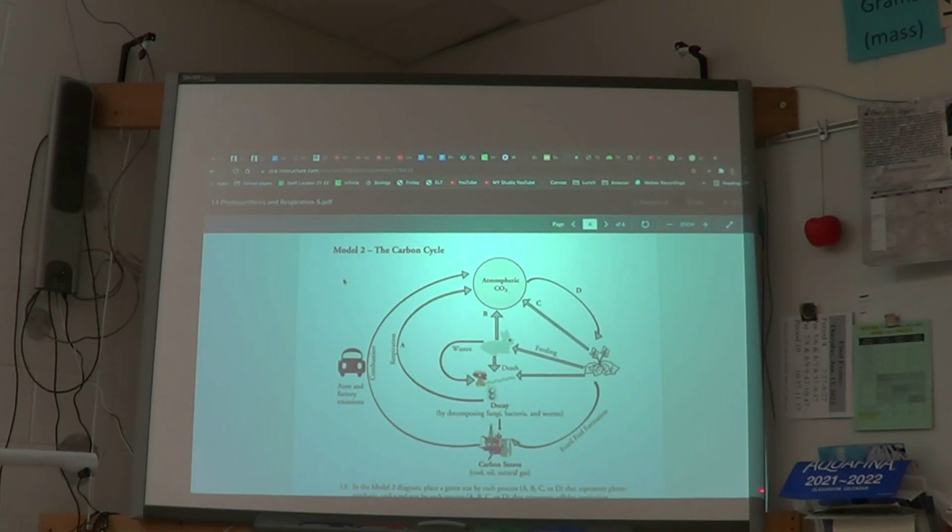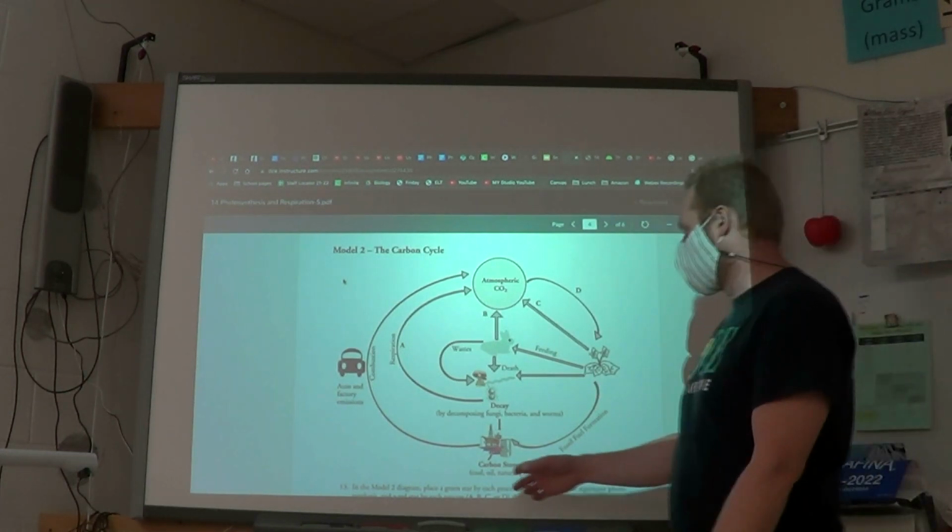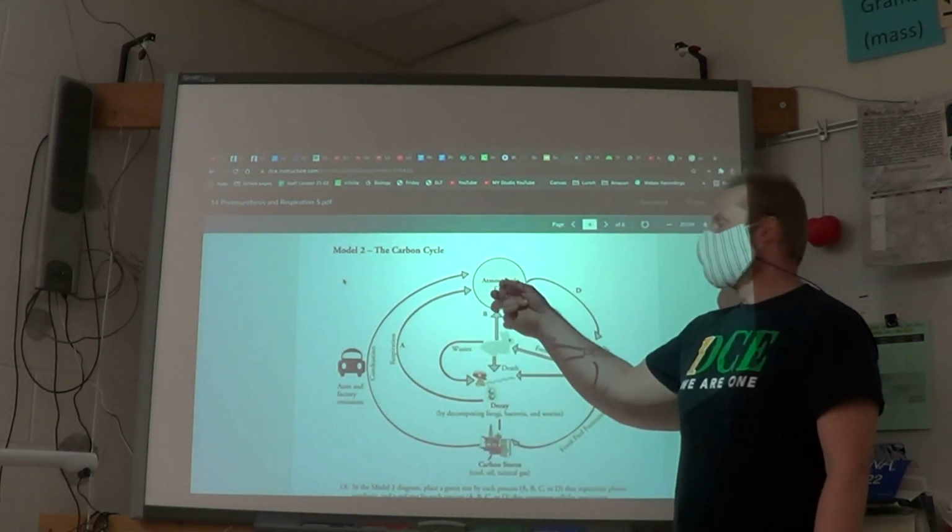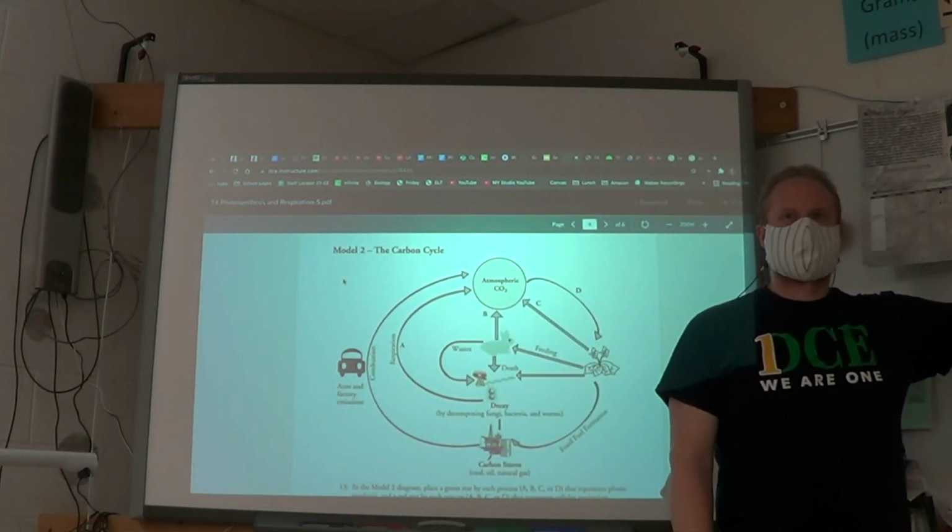It's no longer floating around the atmosphere. It's been out of the carbon cycle for a couple million years until we dig it up, and then we use it and burn it. So what chemical process is it where we take carbon fuel, coal, oil, natural gas, and release carbon dioxide?